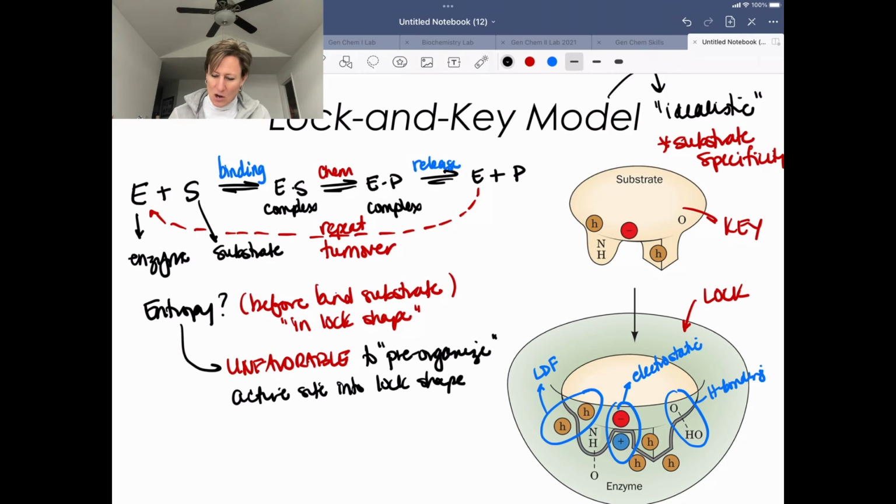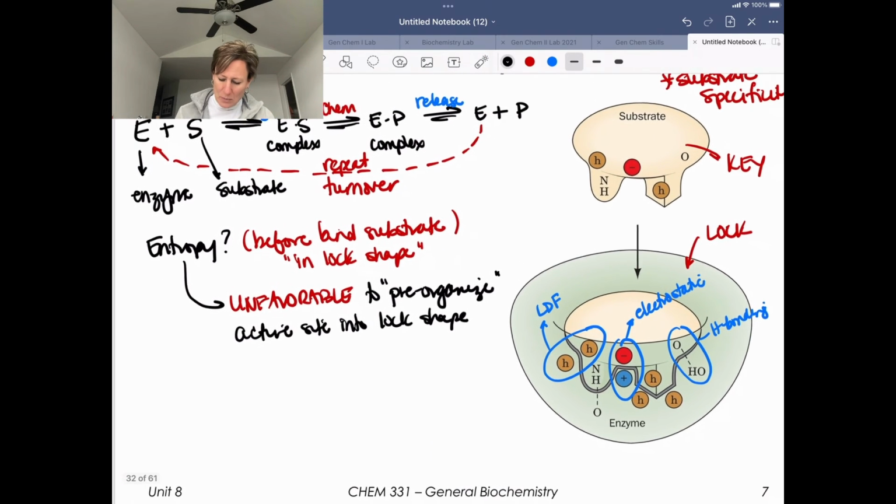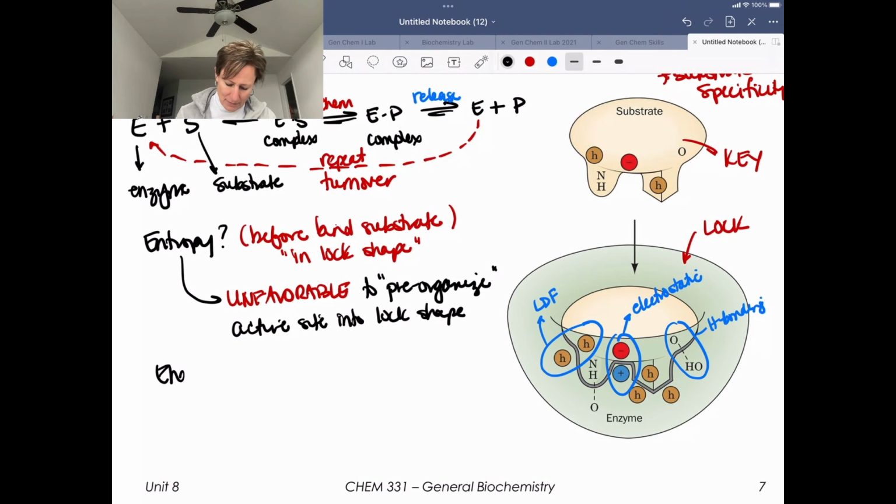Now, importantly, we can see all of these intermolecular forces that happen there, but they don't happen until the substrate binds, until the key goes into the lock. So when we think about this enthalpy compensation, I want us to think about that enthalpy after we've bound our substrate.